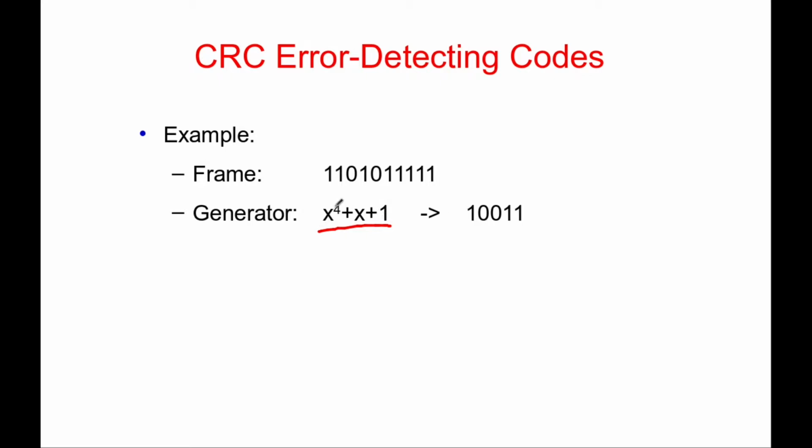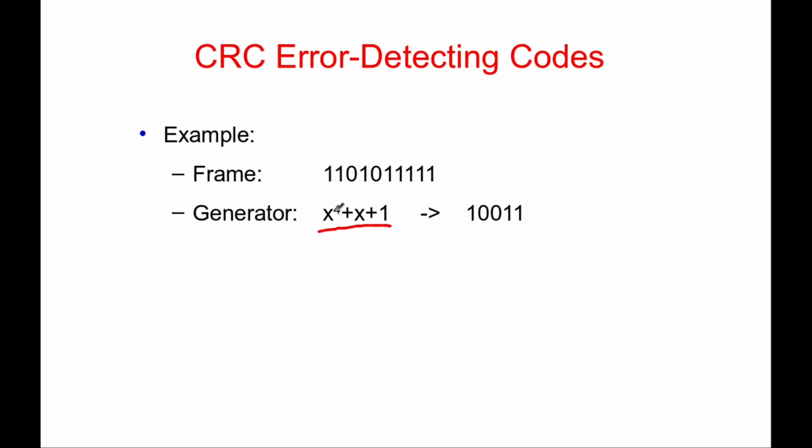Because this is x raised to 4, so 1 into x raised to 4, plus there are no x raised to 3 and x raised to 2 terms, that's why there are 2 zeros. Once again there is x raised to 1, that's why this 1, and the last 1 into x raised to 0, that's why this 1. So we get the coefficients of the generator polynomial in this way.